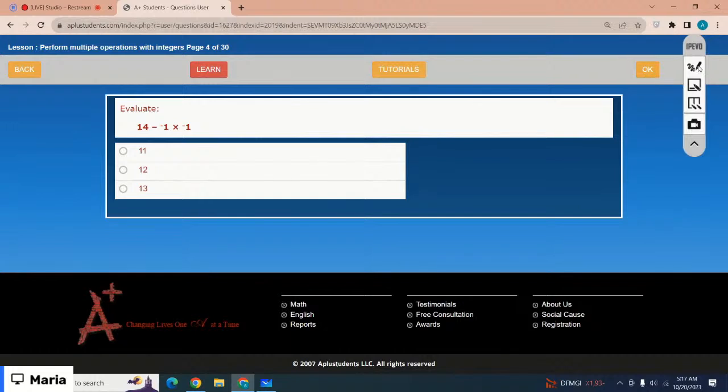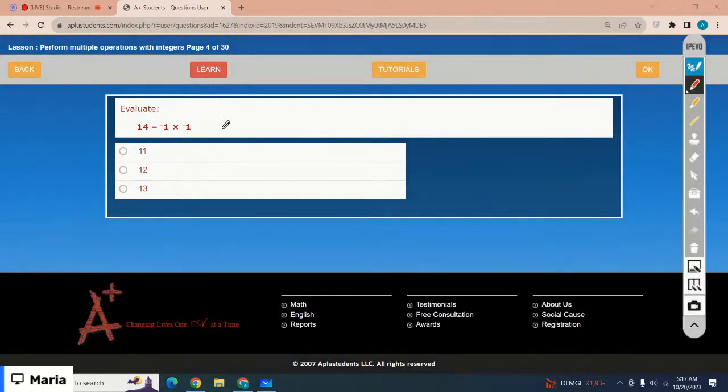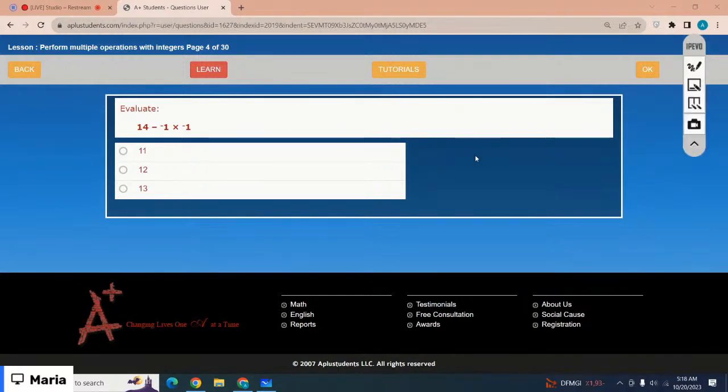So negative 1 times negative 1, you're multiplying two negative numbers. Answer must be positive. So it will be 14 minus 1. And 14 minus 1 is obviously 13. The correct option is 13.